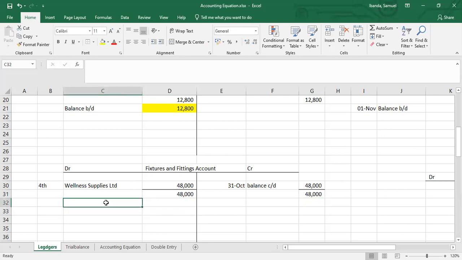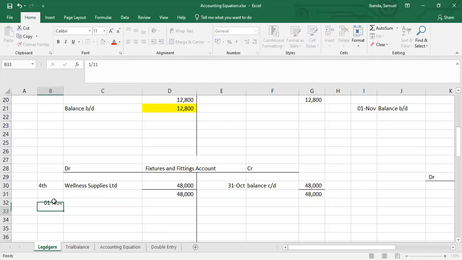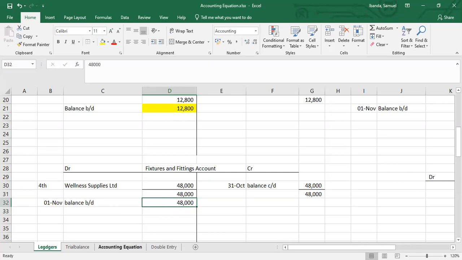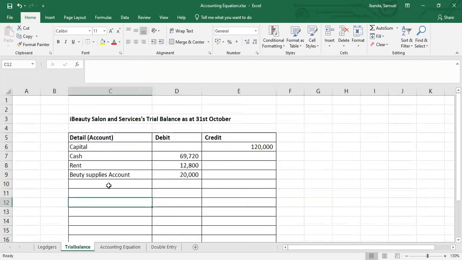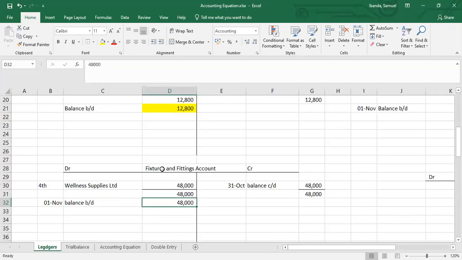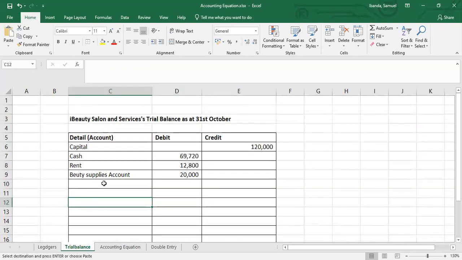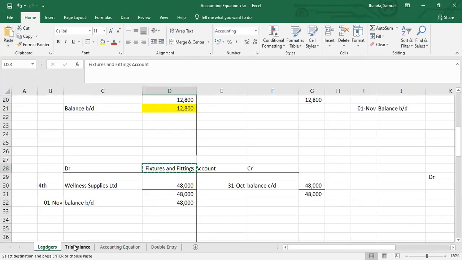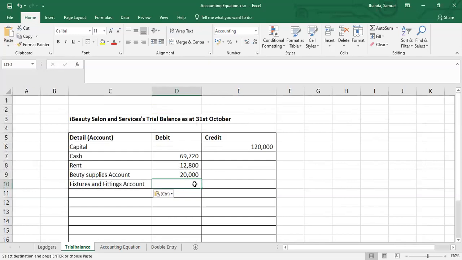Then on 1st of November, I'll have my balance brought down of 48,000, like that. So when I come to the trial balance, I'll write fixtures and fittings. How much is the amount? 48,000, still on the debit side.